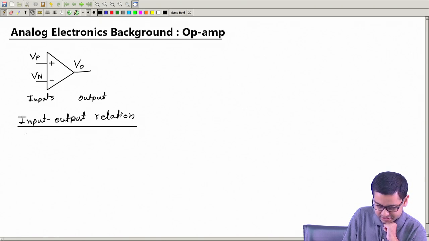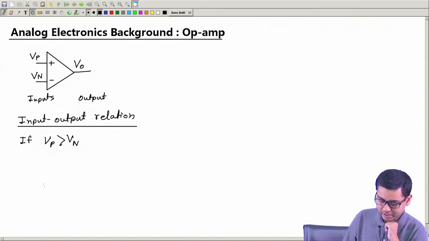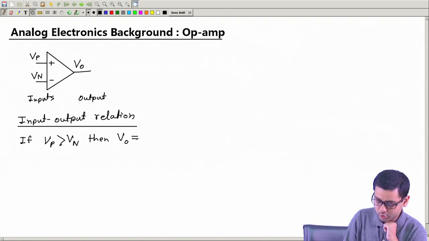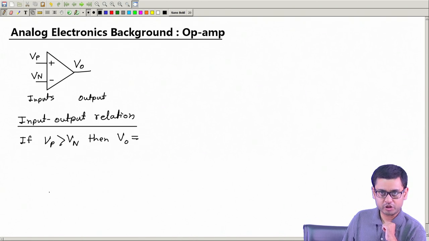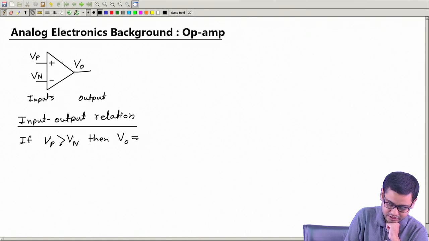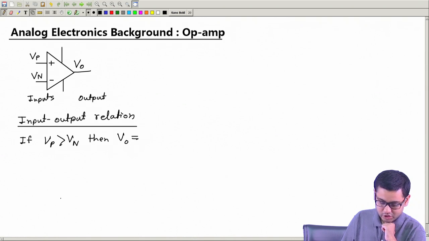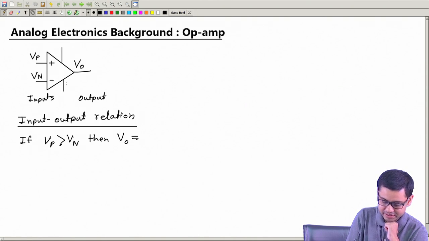The rule is: if Vp is greater than Vn, then Vo is equal to some positive voltage. How much? For that I have to draw another thing. I forgot to draw the power supply. Because this is an electronic device, an IC, it has power supplies.